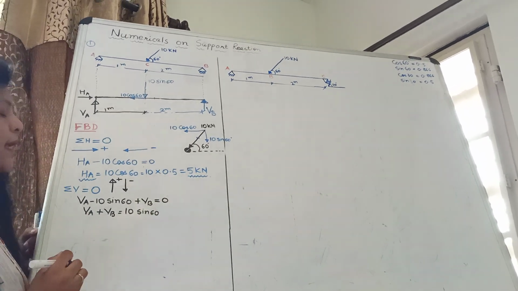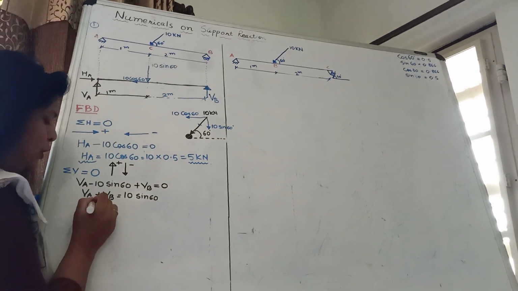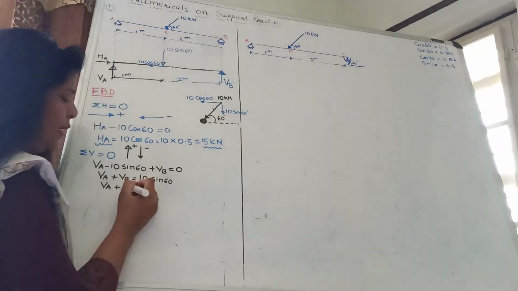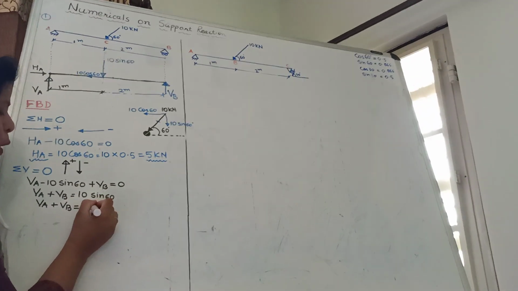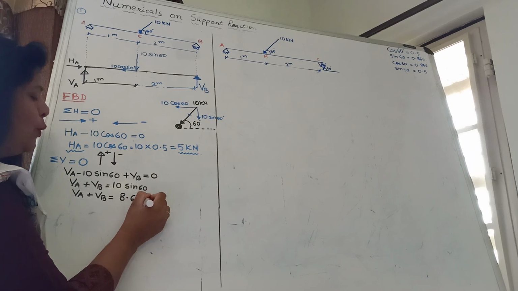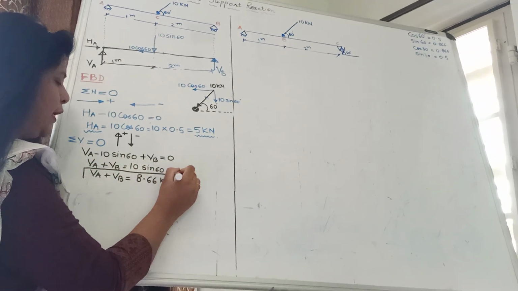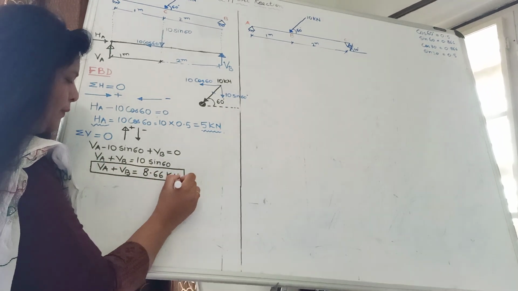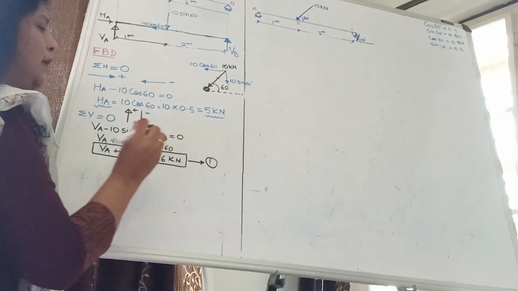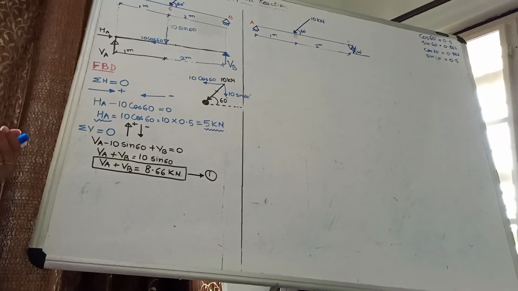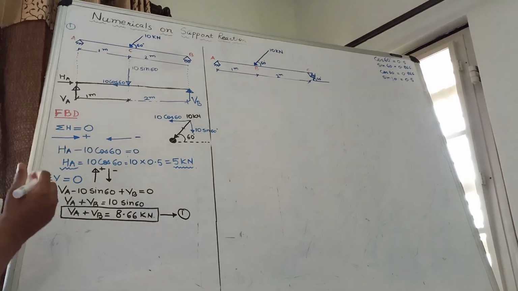Okay, and what is 10 sin 60? So 10 sin 60 is 10 into 0.866. So we get 8.66 kilonewtons. Okay, this is our first equation. Fine. Now we will apply our third condition of equilibrium, that is sigma moment is equal to 0.